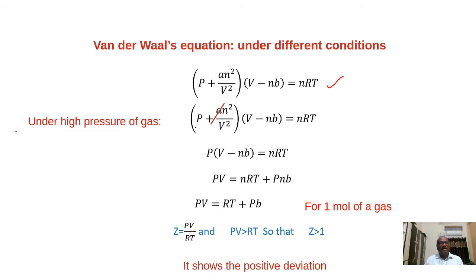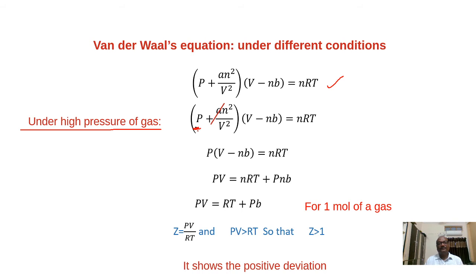Now we are observing the van der Waals equation under high pressure. The condition imposed is that the gas is present under high pressure. So the pressure term P is large.